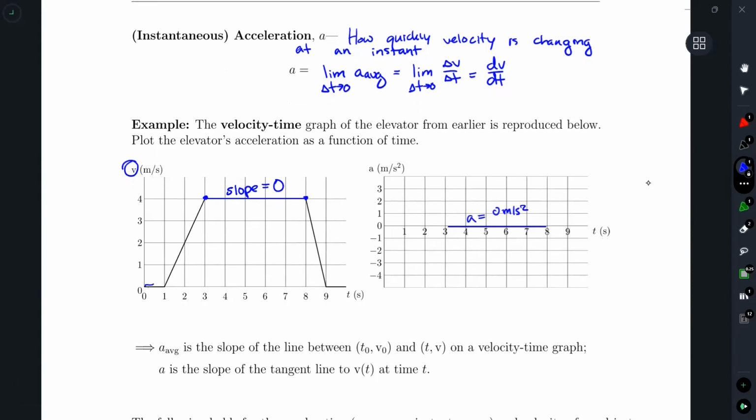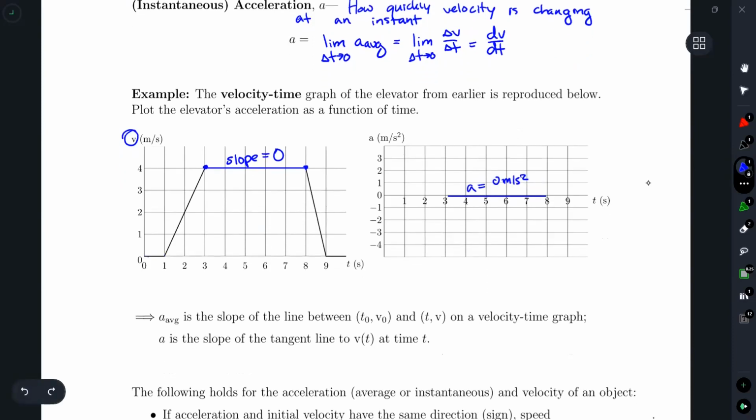Yeah, and go ahead and give me that other one too. And 9 to whenever, wherever. Yeah. All right, so slope is 0. So acceleration is 0. Slope is 0. So acceleration is 0.